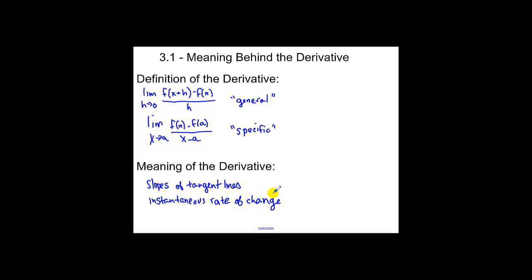So those are the two meanings behind the derivative. That's what essentially the derivative stands for. So whenever you hear derivative, think slope of the tangent line. But if I ever ask you for the definition of the derivative, make sure you give me one of these two limit formulas.